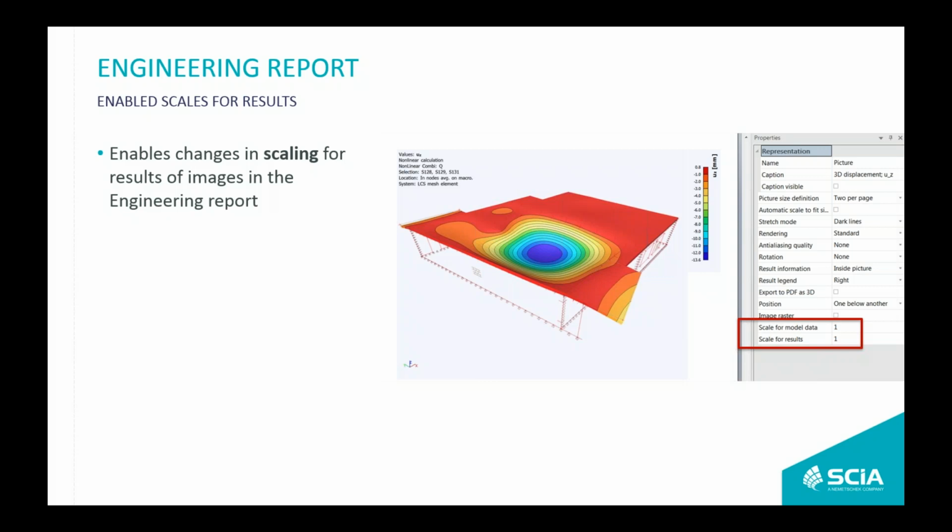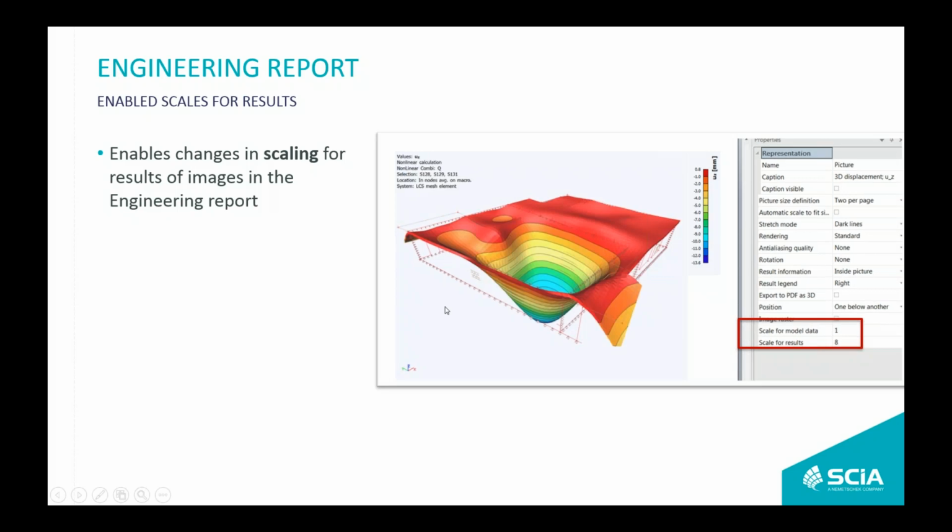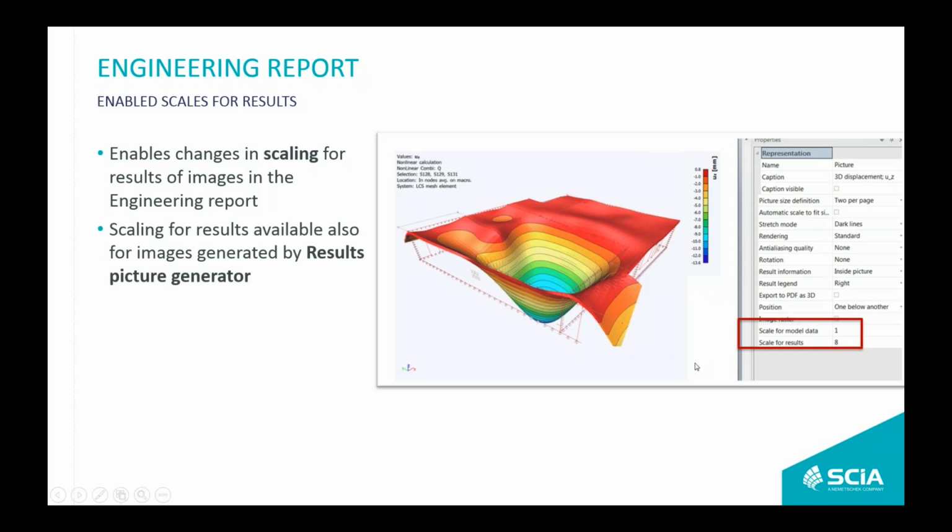Now the image that contains any results, including the result picture generator based images, will automatically have the value of scale for results identified, and of course you can again change this scale, and all the images in your selection will have this scale change applied. So these are small improvements in the engineering report.